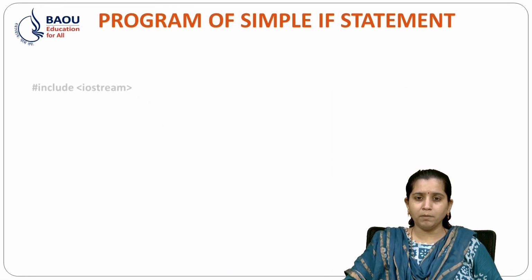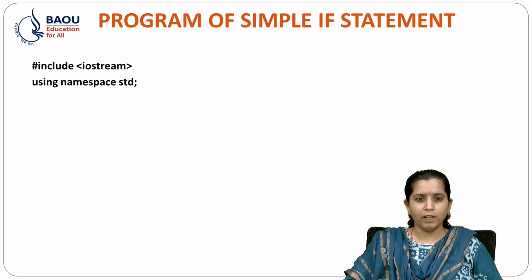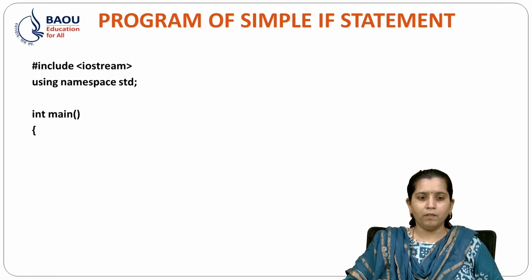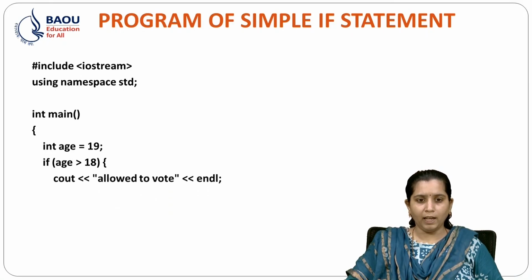Now let's see one simple program of simple if statement. First of all, we will include iostream. After that, using namespace std, in int main, we will write one variable age, and we will compare that if age is greater than 18, then we will display allowed to vote in our program.